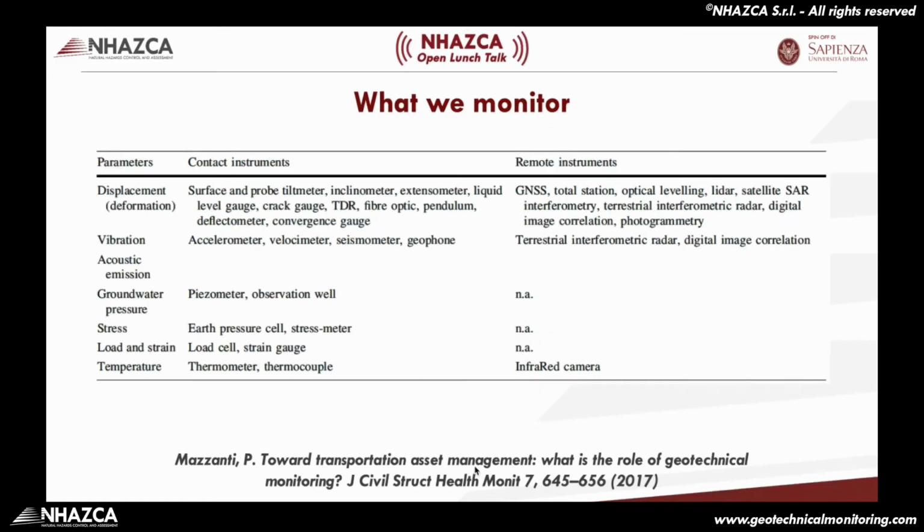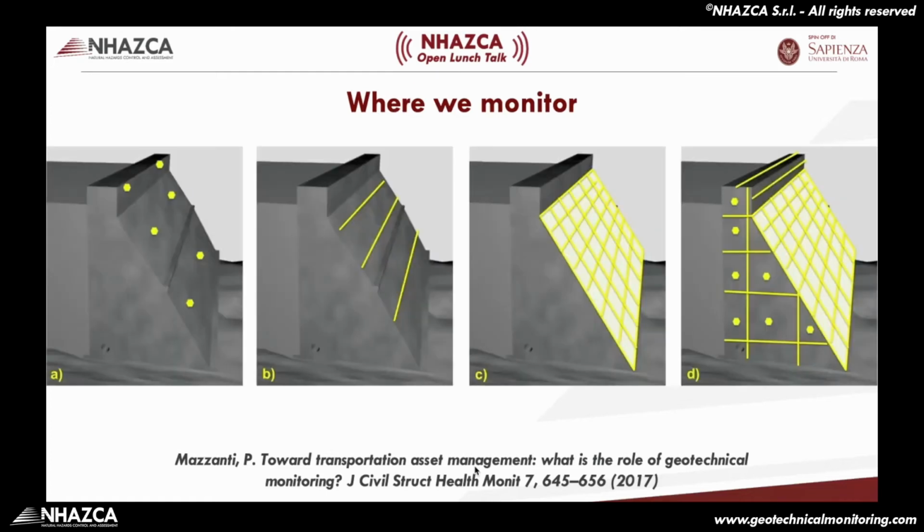What we monitor? We monitor different parameters from displacement, vibration, acoustic, groundwater pressure, and so on. And we can use contact instrument or, especially over the last tens of years or a few years, remote sensing instruments. Where we monitor? We can monitor on the surface, on a single point, along lines, on the wall surface, or in a volume.